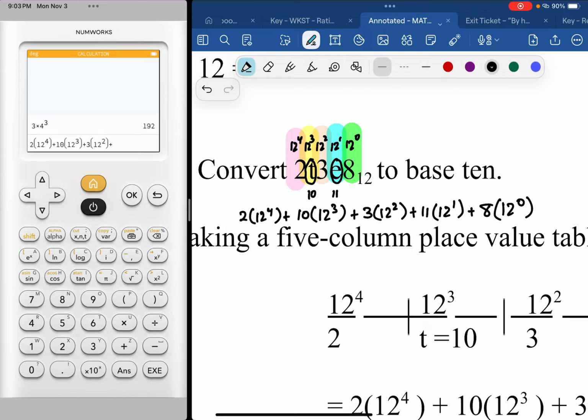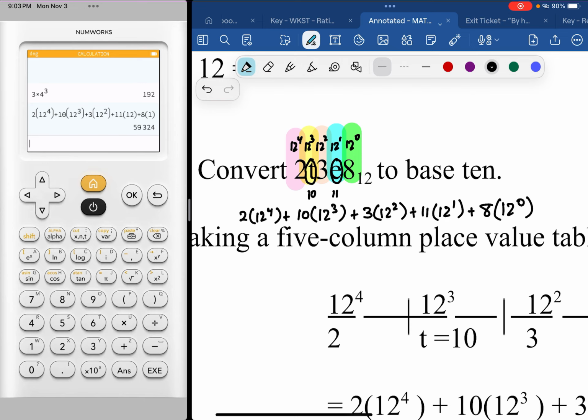But if you have something that you prefer, I know some people love the TI calculators. You could just type in values into Desmos if you want. I'm just going to put a 1 there.